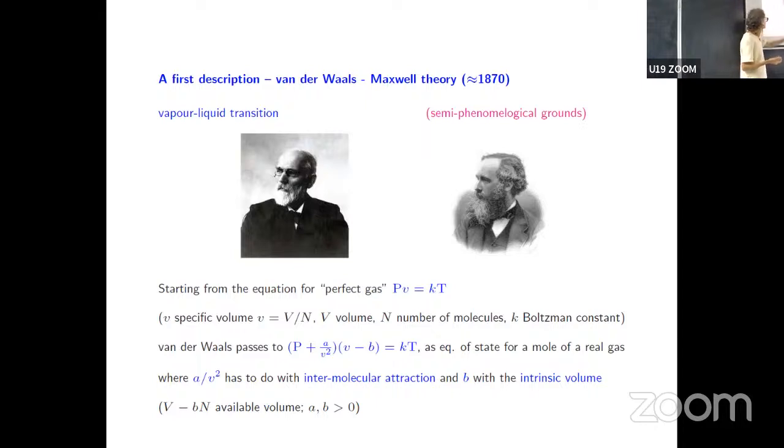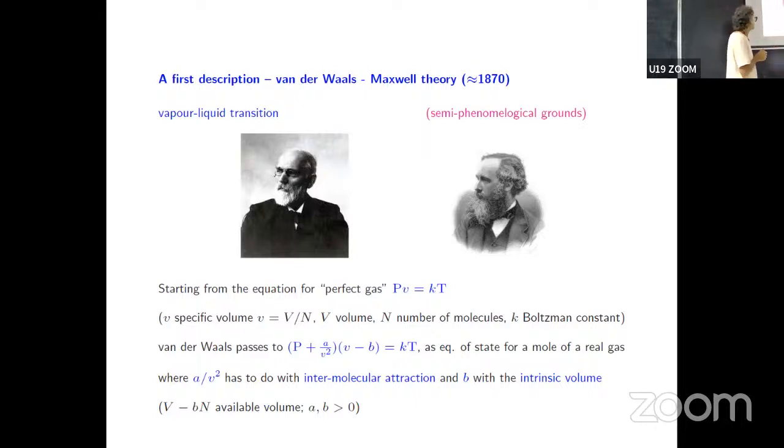If I'm thinking V is the volume divided by the number of particles, so this is the total volume. So at the end, it gets this. And let us put this term here, a divided by V squared, to take into account some attractive interaction at long range, the things at far distance they should attract.